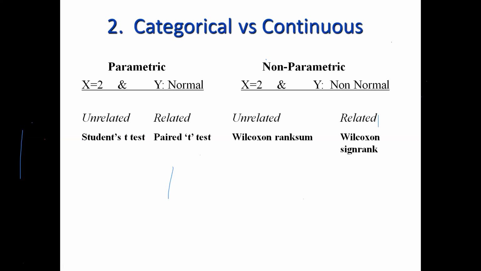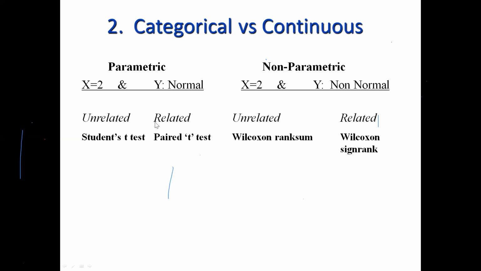Drug A is independent and drug B is independent. Like male and female: male is different and female is different. They are not the same, isn't it? So in this type of scenario, use the independent sample t-test, for unrelated groups. So the student t-test. Independent sample t-test.